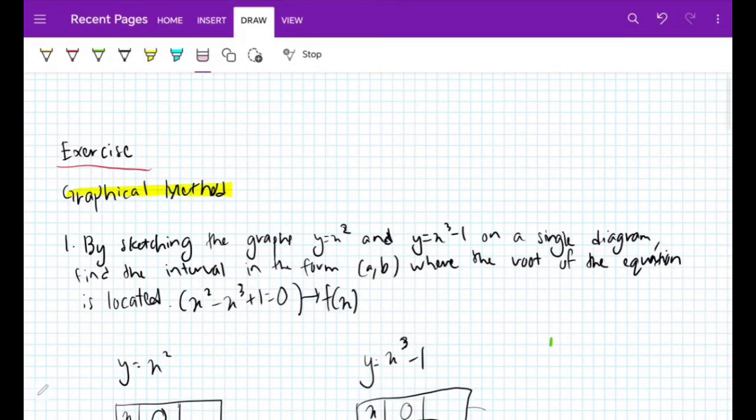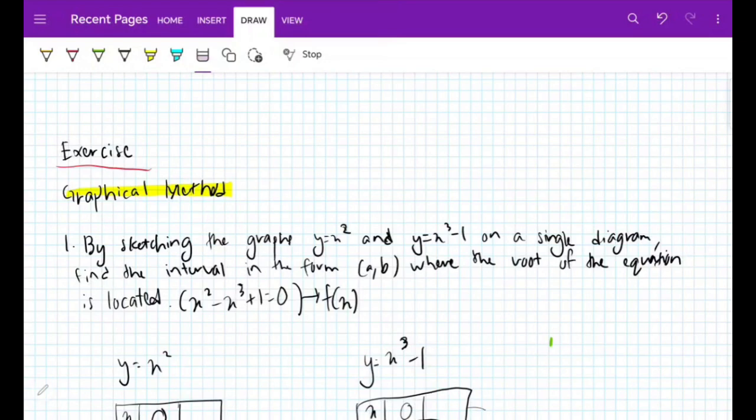Okay guys, for the next step we'll focus on exercises. For the first question I'm focusing on the graphical method. First, let's read the question itself. By sketching the graphs y equals x squared and y equals x cubed minus 1 on a single diagram, find the interval in the form (a, b) where the root of the equation is located.